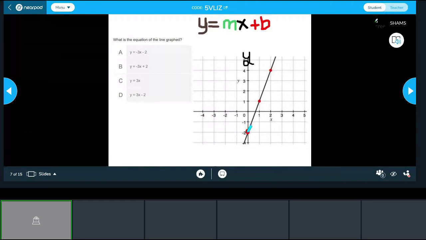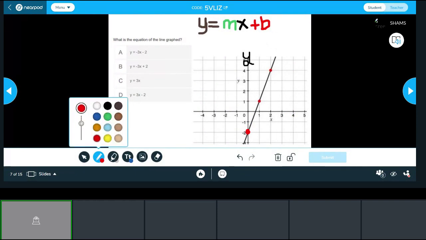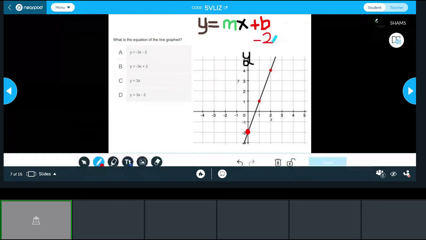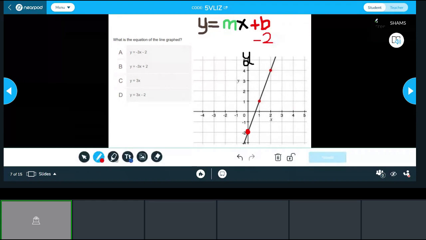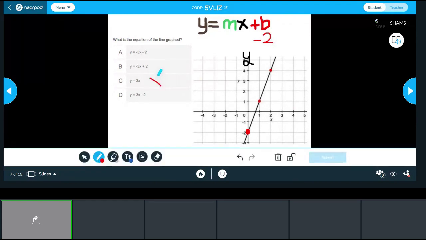This much larger red dot is the b. So that means I can say my equation should end with a -2 because b is -2. So the equation should end with a -2 because this is the value of b. What does that mean? I can say that C is not the correct answer.